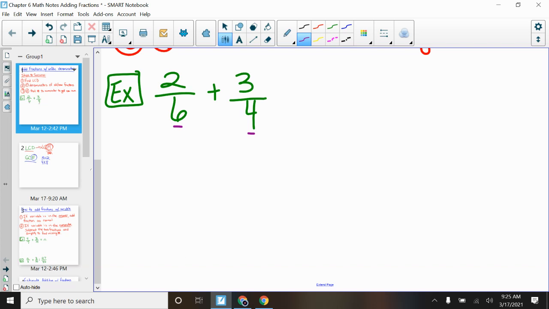So if I'm thinking of the multiples for 6, remember multiples mean that you're doubling the number, okay? 6, 12, 18, 24, okay? And I list the multiples of 4, doubling that number, 4, 8, 12, 16. Then what would be the first multiple that would connect with each other?